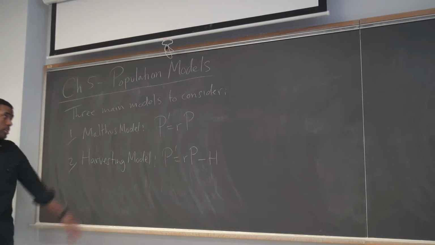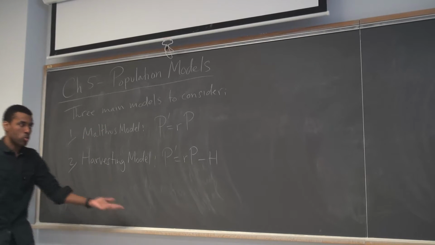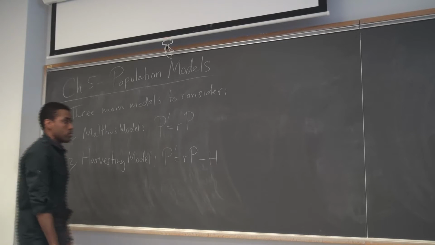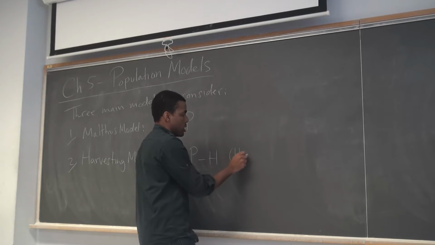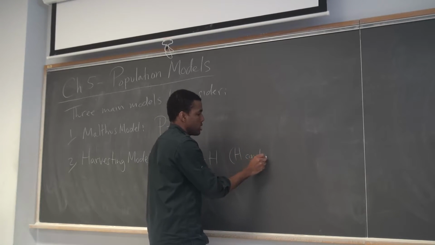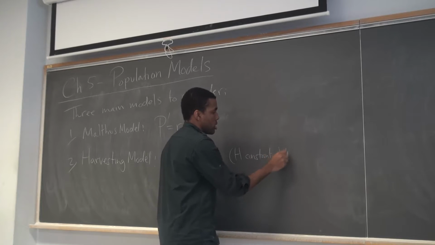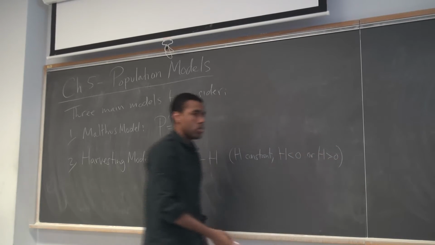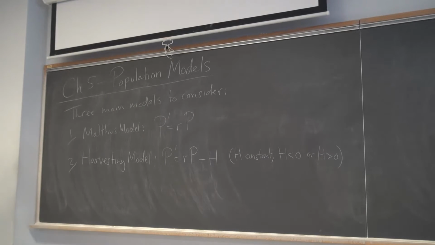Or you can think of a Malthus model as a harvesting model where your H is 0 in either case. H we'll look at as a constant, and it can be either positive or negative. We're going to talk about what the differences are between those.